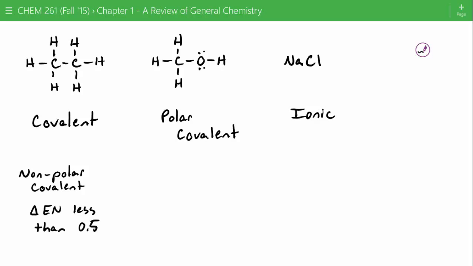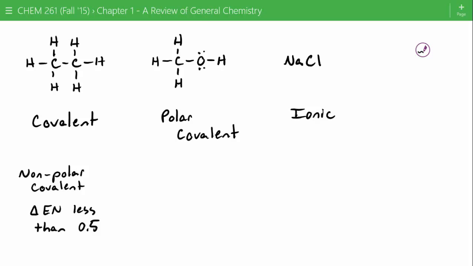The electrons that are shared in those covalent bonds are more or less shared equally. So in this case, the difference in electronegativity between carbon and hydrogen is 0.4. It's still a little bit polar, but not enough to be considered a serious thing.